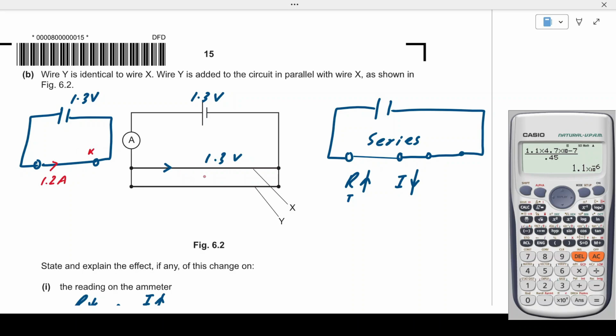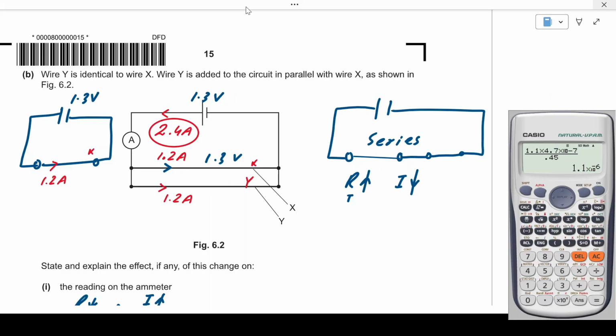What happens when you connect wire X with another wire Y in parallel? The first one still draws 1.2 amperes, but the second one, similar one, also draws 1.2 amperes, and that's why the total current through the battery would have increased. That would have been 2.4. So when we said the total current increases, it means the current of the battery. But how much current flows through X? Same. How much current flows through Y?